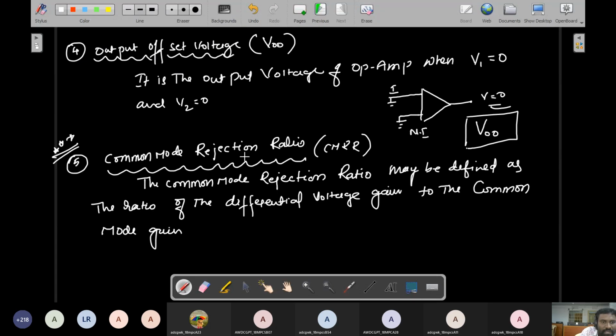Okay, so this is the common mode rejection ratio.